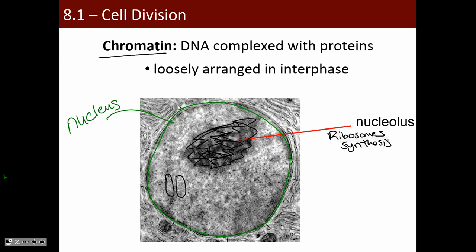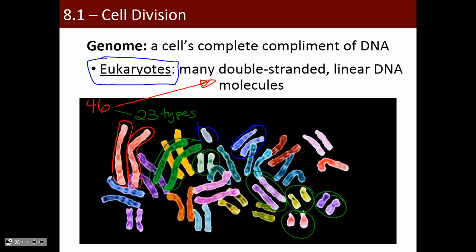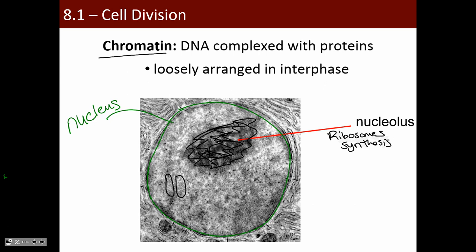Okay. This image we have of those individual pieces of DNA is when they're highly compacted and condensed and they're getting ready to travel. In normal cell function, they're just a big loose pile of DNA, and we call that chromatin. The DNA complex with its proteins, just at rest inside the nucleus.